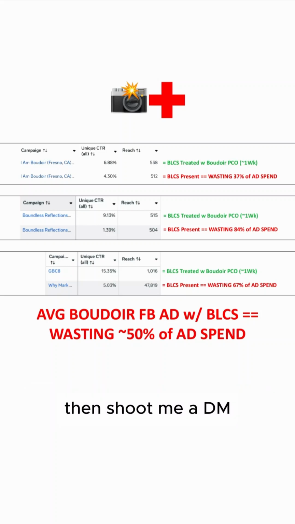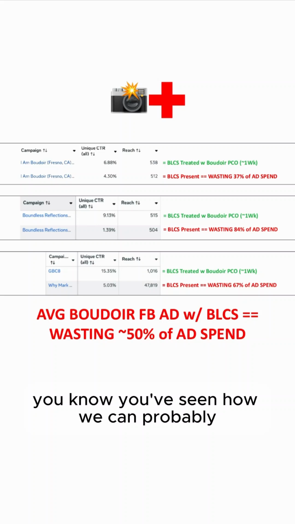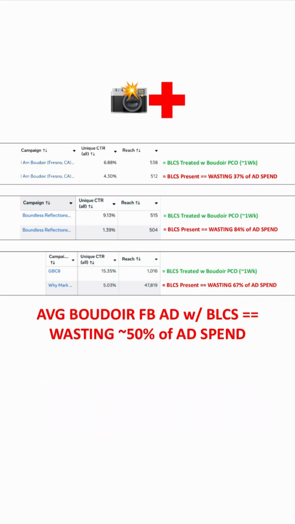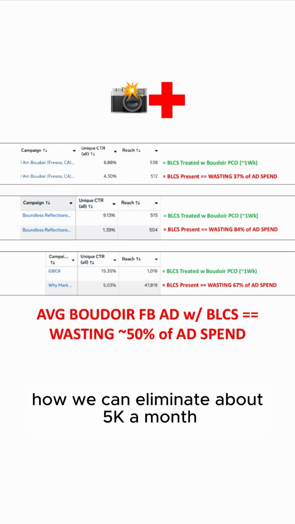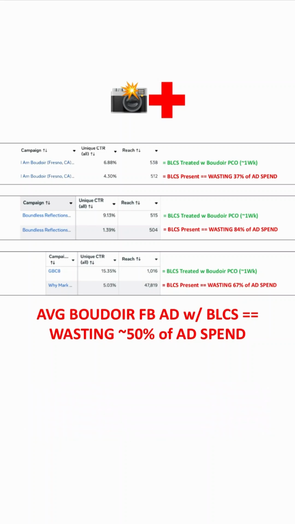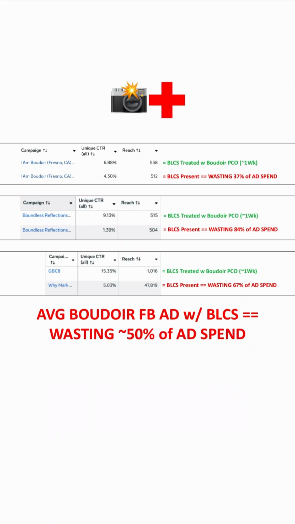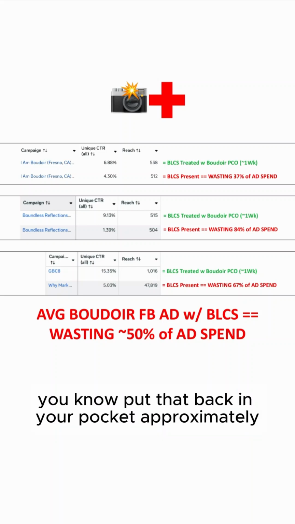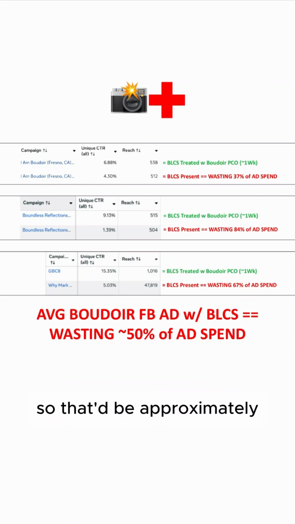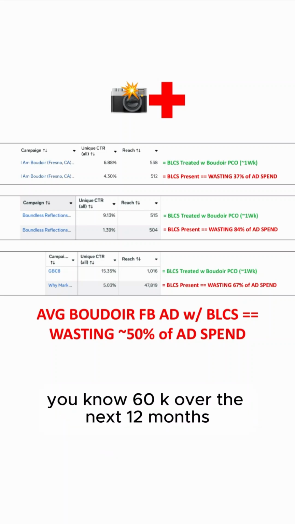Then shoot me a DM. Well, actually, you've seen how we can probably eliminate about 5K a month in wasted Boudoir Facebook ad spend. Put that back in your pocket. Approximately, so that'd be approximately 60K over the next 12 months.